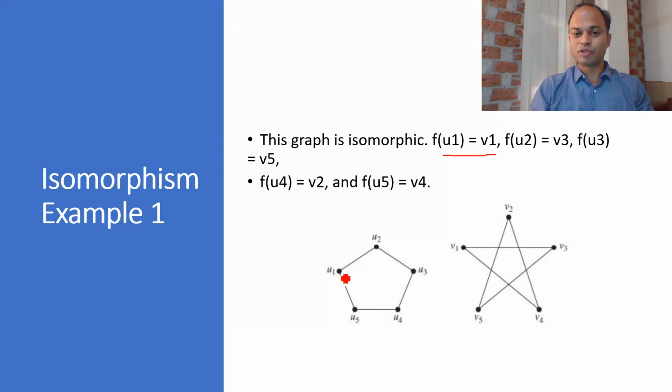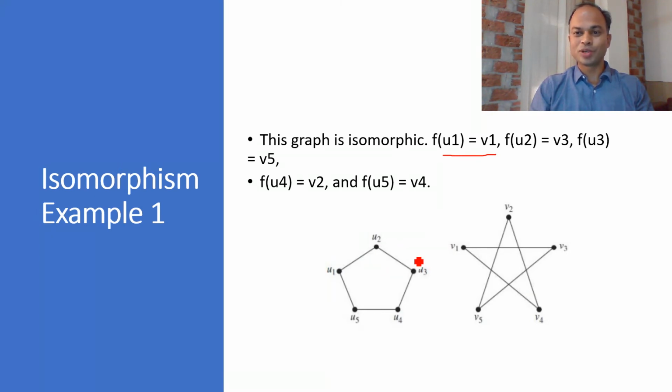We have an edge from u1 to u2, and therefore we must have an edge from v1 to v3, and we do have an edge from v1 to v3. Similarly, from u1 to u5 there is an edge, and we have an edge from v1 to v4. So mapping from edges to edges is in place.